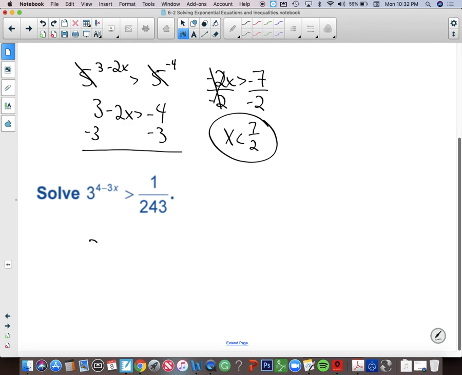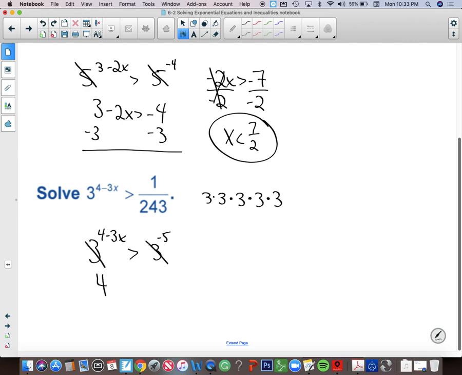Okay, so we keep the 3 the same on the left. The 1 on the right, 1 over 243. So 243, you're going to have to figure out what that is. Well, we know that 3 times 3 is 9, times another 3 is 27, times another 3 is 81, times another 3, that's your 243. So that's 3 to the 5th. So this would be 3 to the negative 5th. Same deal. 3's are gone.